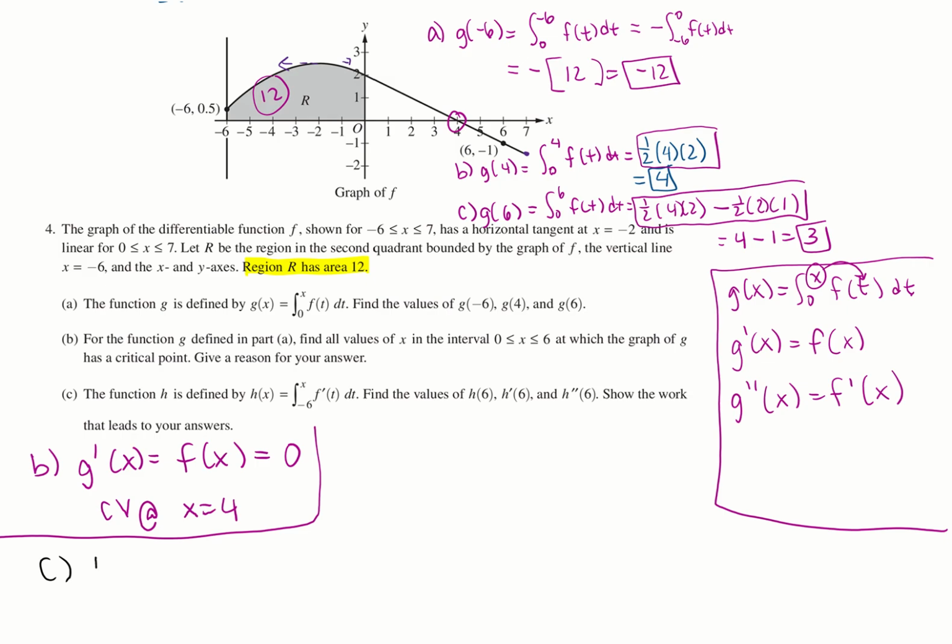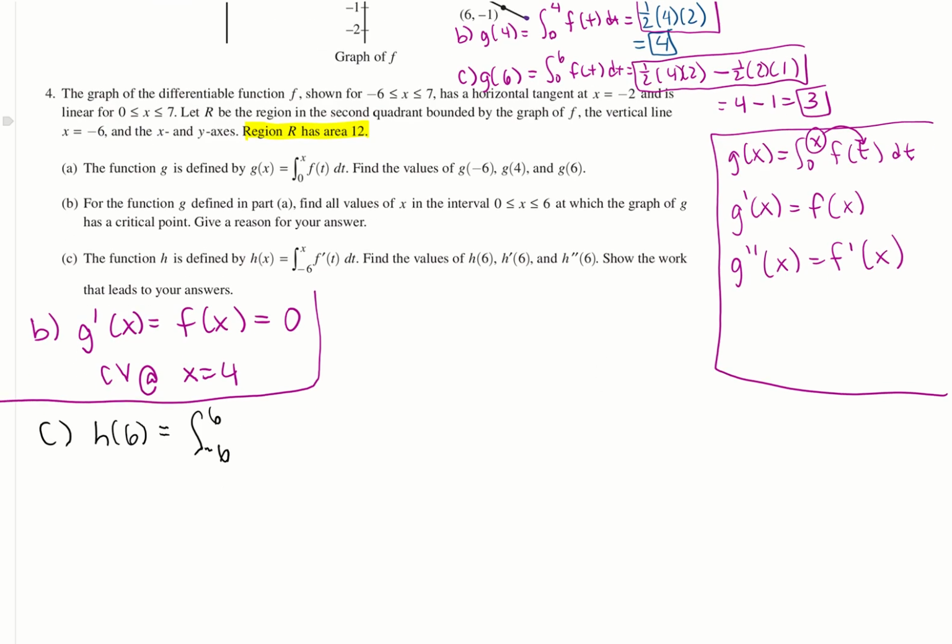Okay, so if I want to find h of 6, I'm going to replace x with 6, so this would be from -6 to 6 of f prime of t dt. Now notice we have an integral and a derivative. Those undo each other. We don't have any variables for my limits, so the way they undo each other is they just go back to f, and then this needs to be evaluated both at 6 and -6.